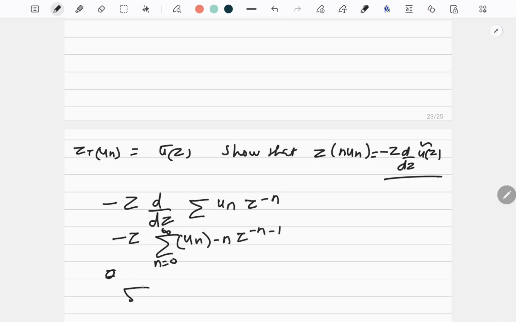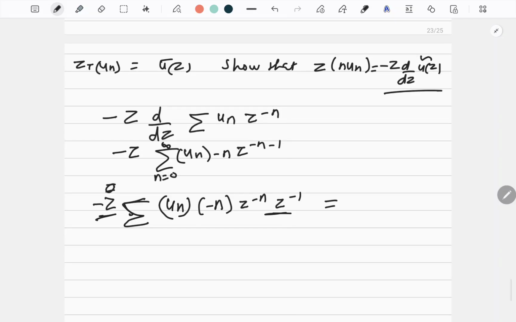So can I write it like this? Minus z un minus n z to the power minus n z to the power minus 1. Okay, this is equal to, and minus z is outside. So if you see this and this, they both will get cancelled. So what is left? Minus n un z to the power minus n.